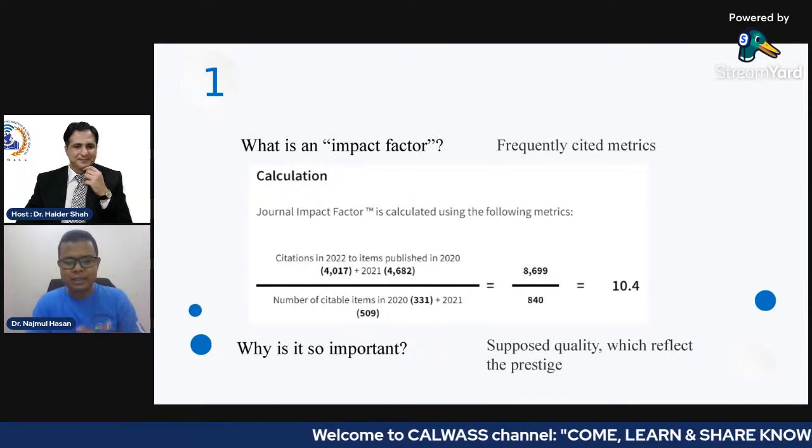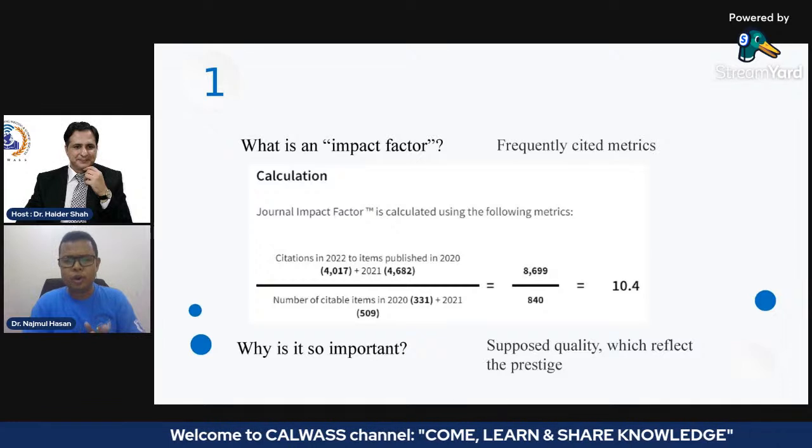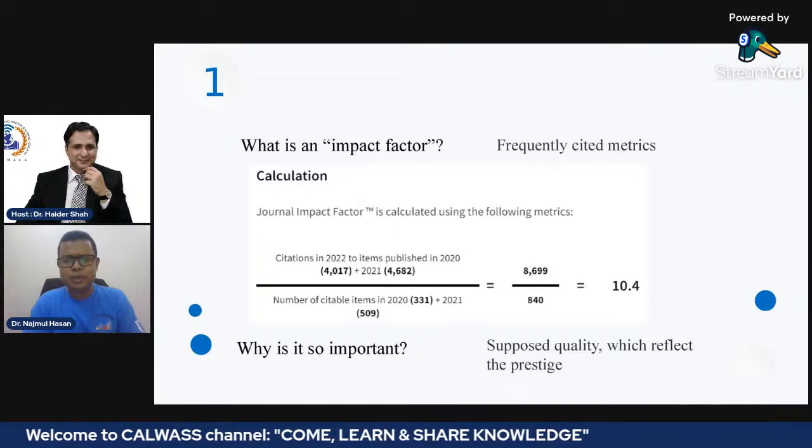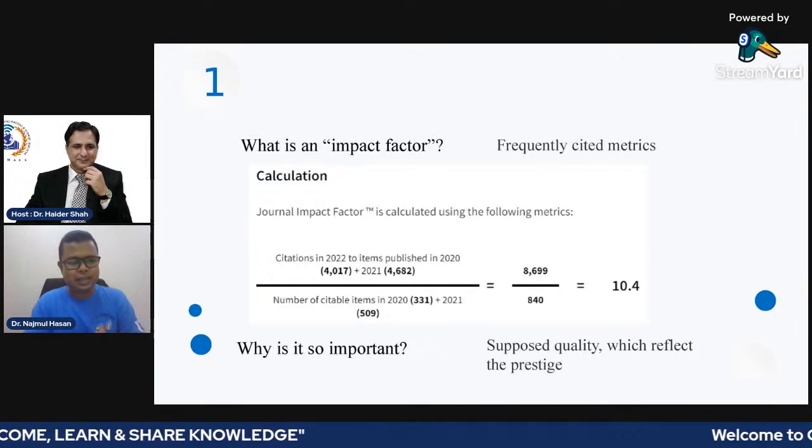For example, the Journal of Retailing and Consumer Services. Right now its impact factor is 10.